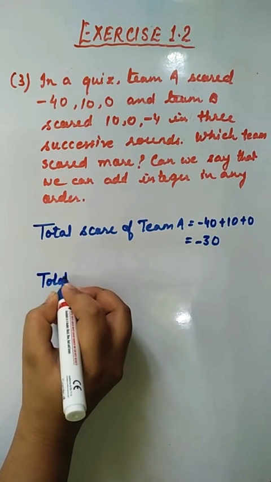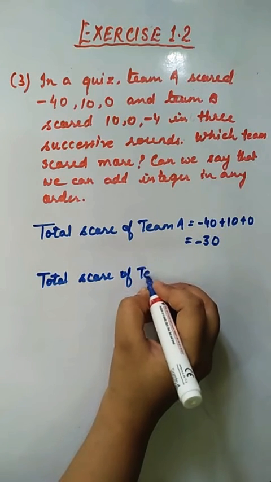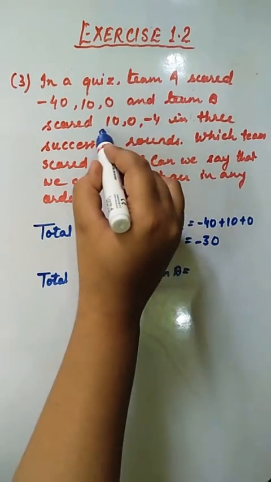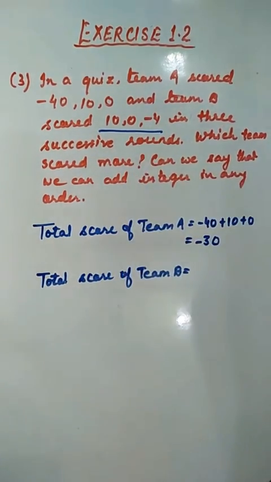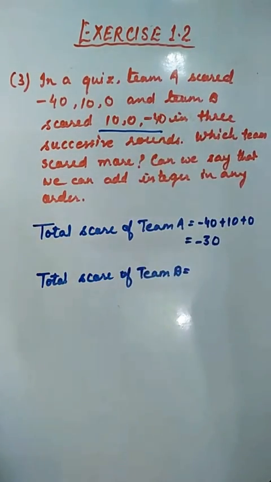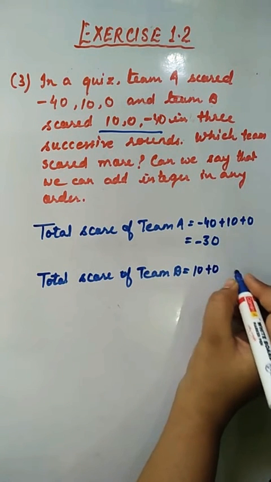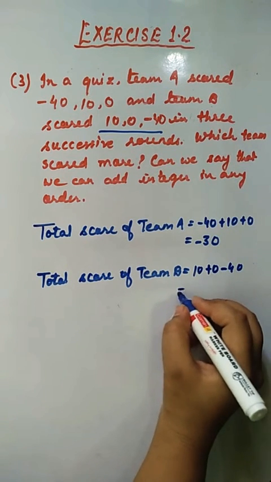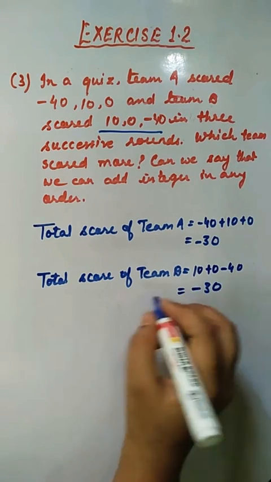Now the total score of team B, again here it is given. 10, 0, -40. So 10 plus 0 minus 40. So again the same numbers are there, plus minus minus, the answer will be -30.